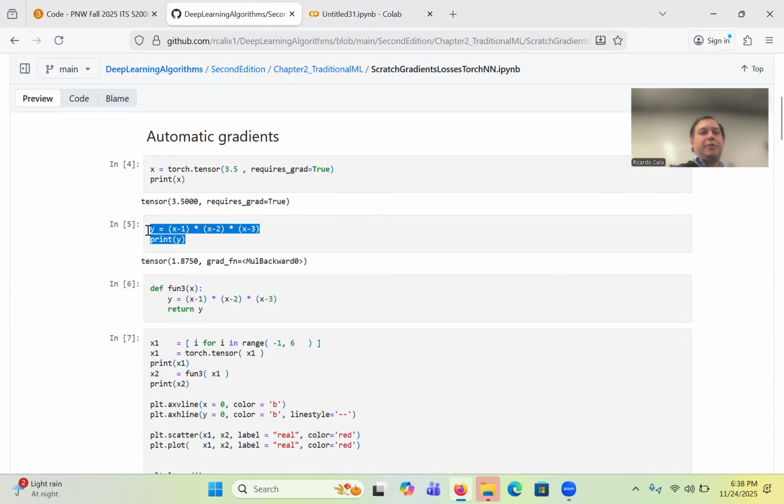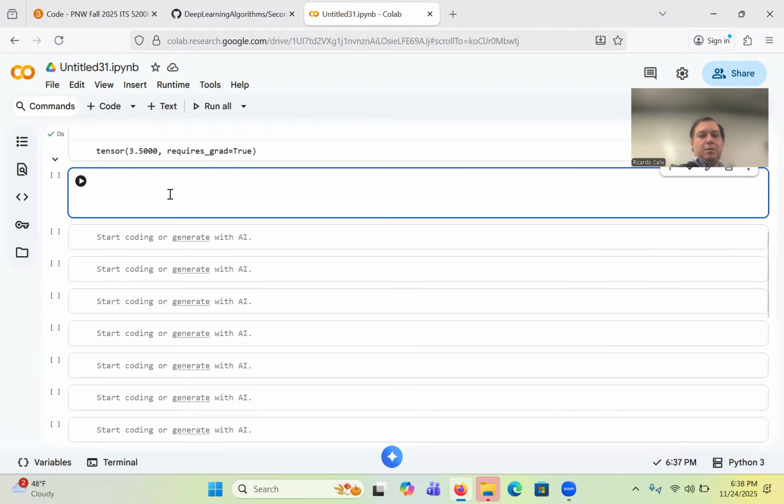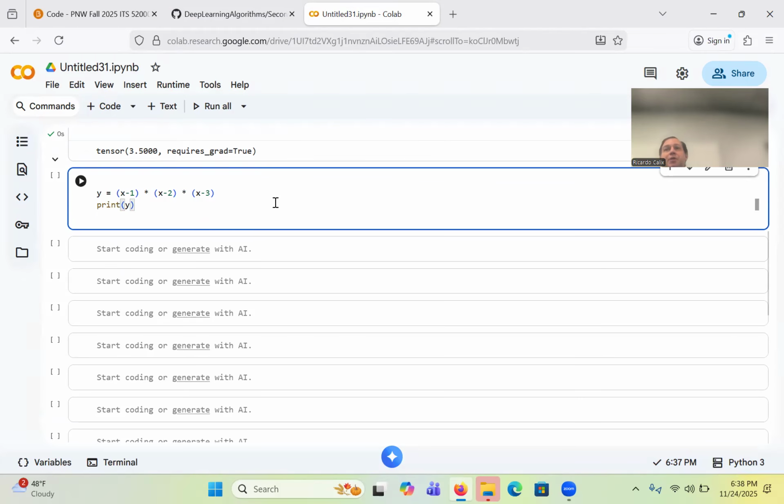So now here we have a function. Okay, here's a function. All right, some function. This is y equal x minus 1 times x minus 2 times x minus 3, right? If this function currently, we haven't taken the derivative of it in terms of x, right?